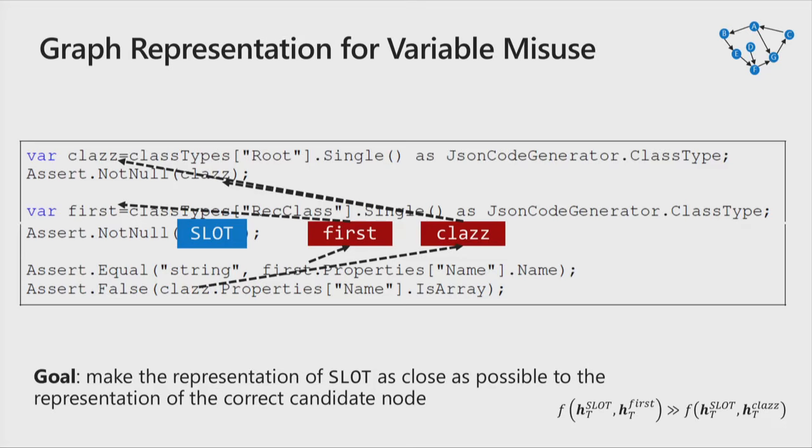Again, we encoded our problem in the graph, dependent on what we thought we needed. The graph neural network passes information about slot, about first, about class, and this is more or less our objective. We can compute a loss, backpropagate, and learn things from there.